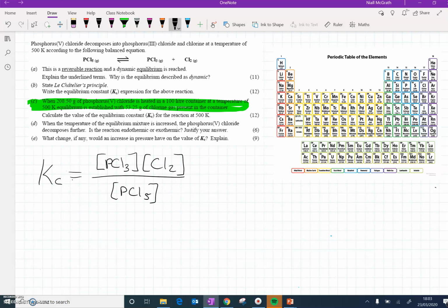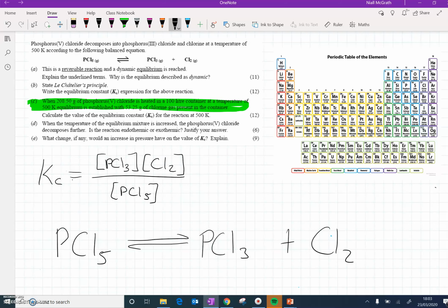We're just going to rewrite the equation that's there. PCl5 goes to PCl3 plus Cl2.